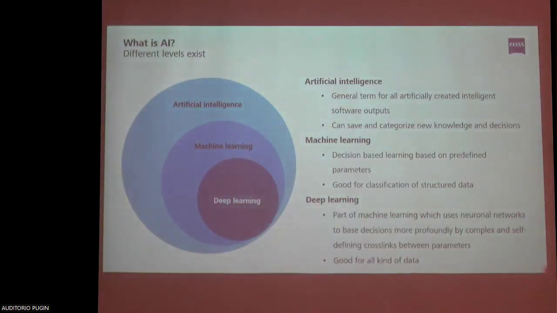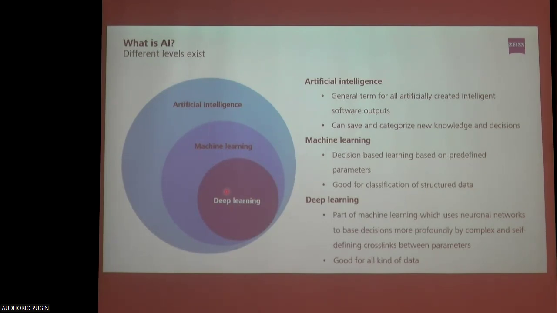Okay, but let's talk a little bit about AI and structure it, because many people have heard or used the terms AI and machine learning and don't really know the difference. AI is basically the big umbrella around the big topics of machine learning and deep learning, which are parts of the big umbrella of artificial intelligence. So basically anything artificial that is generated from software output can be called artificial intelligence generated. If you do some decision making based on predefined algorithms, this is then machine learning.